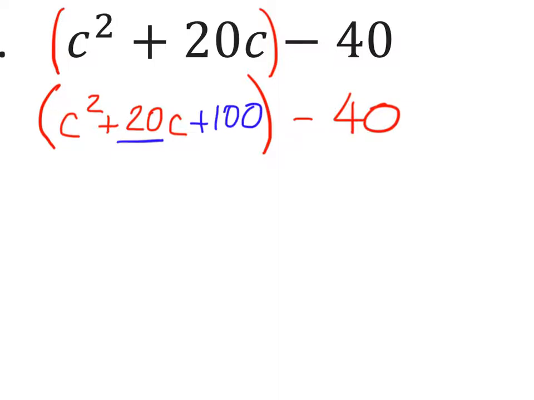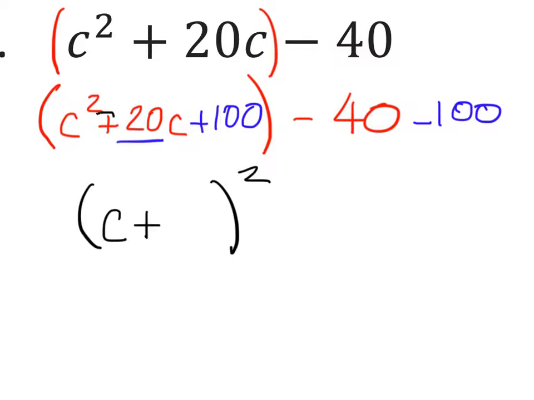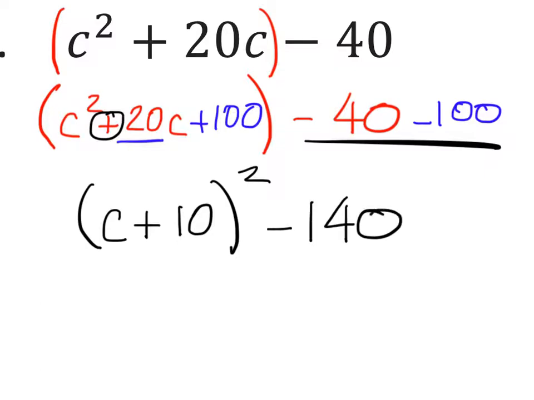If I add 100 there, I must subtract 100 out here. And then write it in the proper form. C plus half of 20 is 10. Out here you have minus 40 minus 100. It is minus 140.